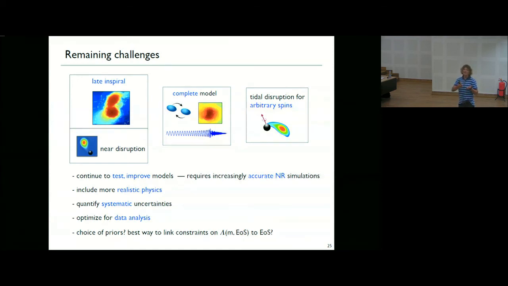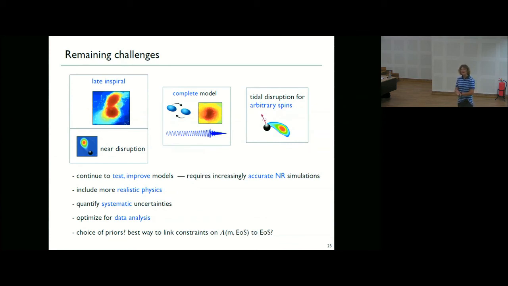But ultimately, with current numerical relativity simulations, given the physics that is put in and the numerical resolution, they can produce a post-merger model, and at least one could use that for data analysis instead of having nothing at all.